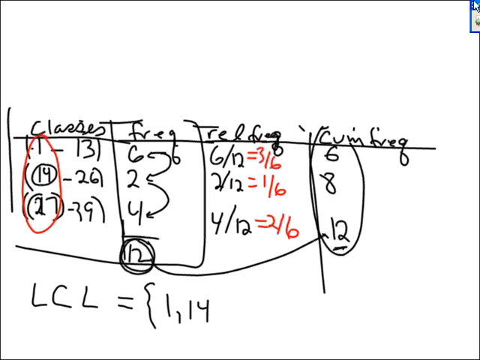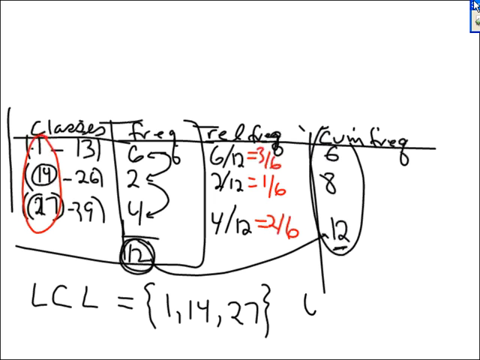You go to the second class, write down the smallest number. You go to the third class, write down the smallest number. Those are the lower class limits. It's the smallest number from each class. It's a collection of the smallest numbers.